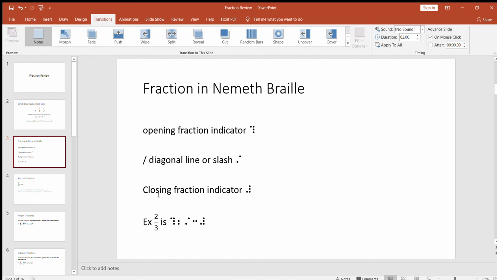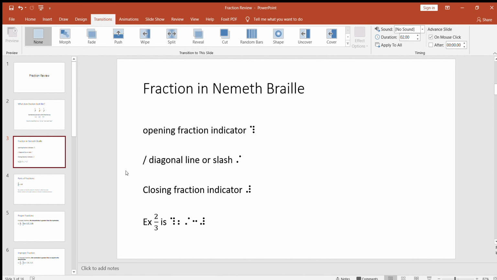Oh, it's a slash, not a backslash. My bad. Anyway, it's a slash, not a backslash. So go over the previous slide. It's not backslash, it's a slash. And then a closing fraction indicator.